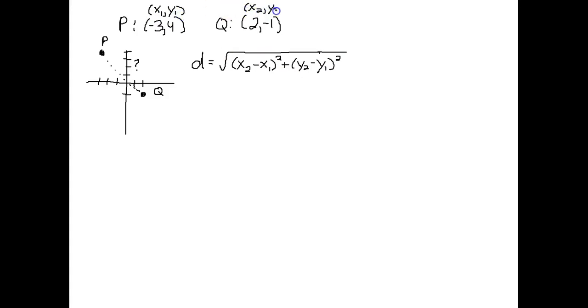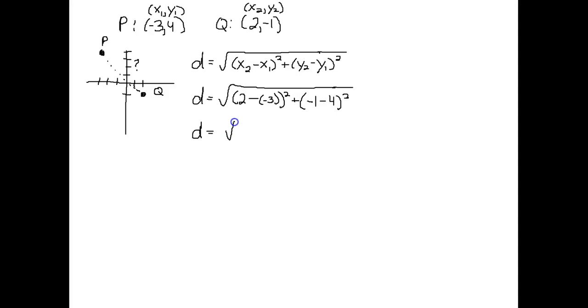Just be consistent once you pick. All right, so then finding the distance, we've got x2, which is 2, minus x1, which is -3, quantity squared, plus we've got y2, which is -1, minus y1, which is 4, quantity squared.